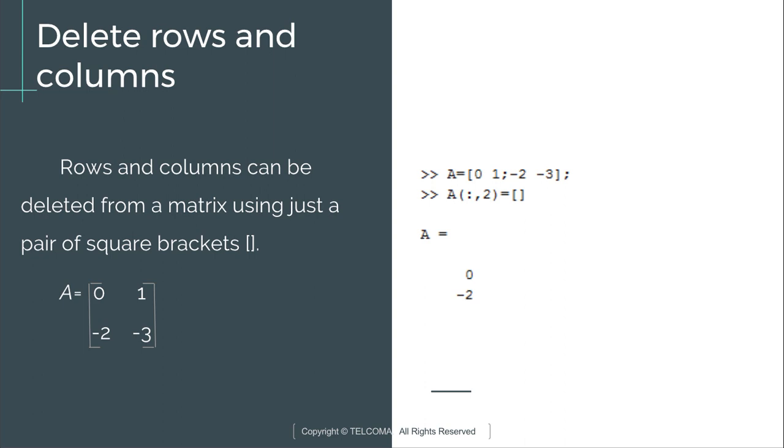So this will be equals to a pair of square brackets. Or if you want to delete the second row, then just write A and in parentheses 2 comma colon, and this is equals to a pair of square brackets.